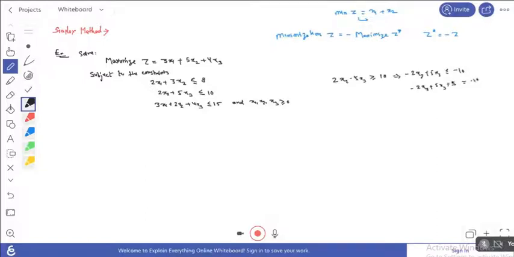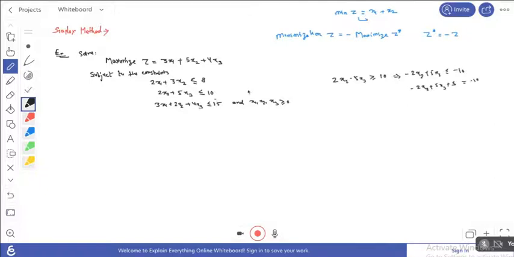But what is the condition of the slack variable? The condition is the same, because your decision variables are always greater than or equal to 0, so your slack variable is also greater than or equal to 0. Our surplus variable is also greater than or equal to 0.